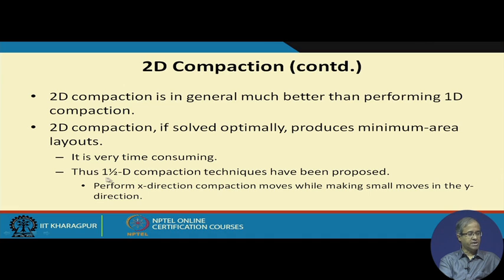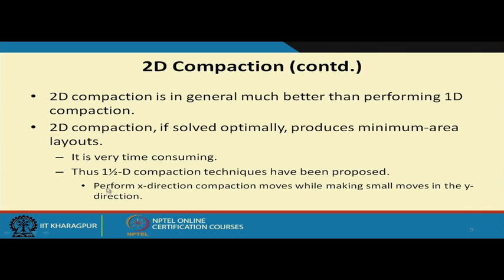This is referred to as 1.5 dimension compaction. So, why it is called 1.5 dimension? Because we are not giving equal importance to the x and y, both the directions. We are primarily trying to compress in one direction, but in the other direction we are allowing only small moves. This is the basic philosophy. Okay?